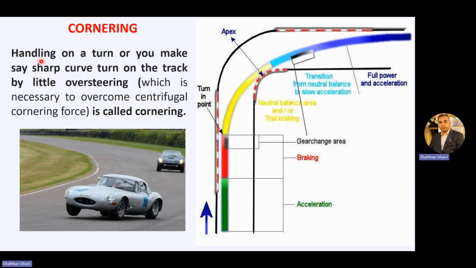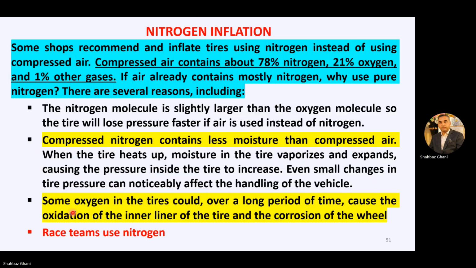Cornering, or handling on a turn, is when you make a sharp curve turn on the track by a little oversteering, which is necessary to overcome centrifugal cornering forces. Your tire should not leave the ground in any case while turning, so lateral forces have to be developed to balance this uplifting of the tire.